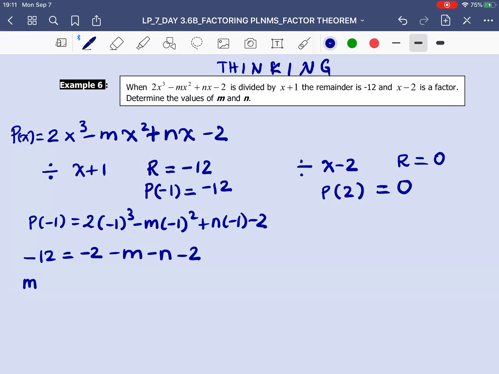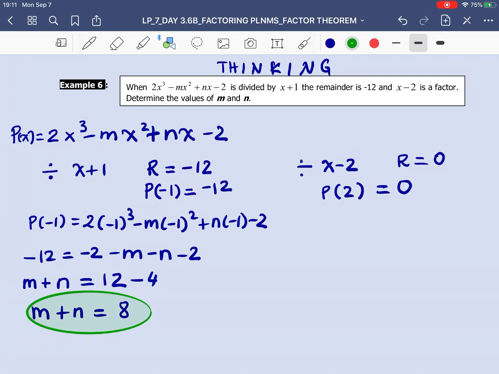As you see, we ended up with two variables. Take negative m and negative n to the other side, m plus n, and then bring negative 12 to the right side as a positive, and then we have minus 4. So the first relationship we discover about m and n is that m plus n is 8.